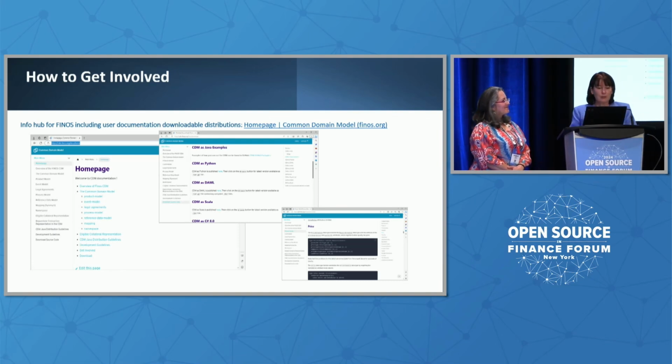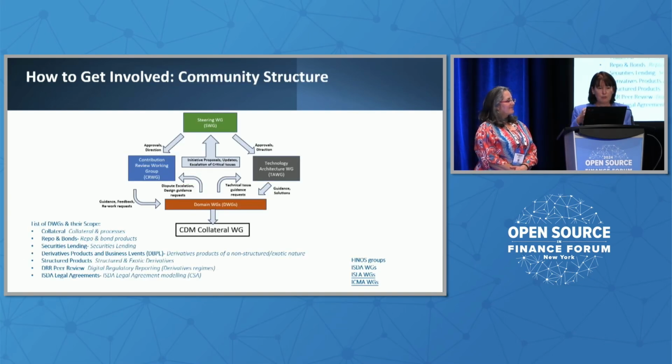So it would be great to have folks get involved. You can go to FINOS.org and look up the Common Domain Model. And just to reaffirm, there are the steering working groups, which Gab mentioned earlier. There are also other working groups, but the one I'd like to recruit you to is the CDM Collateral Working Group.